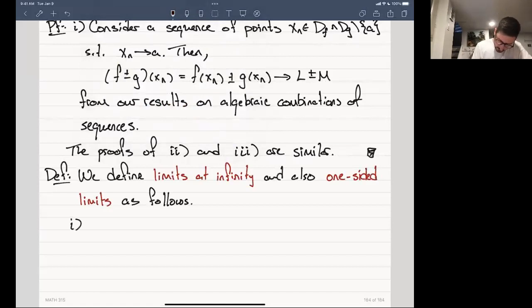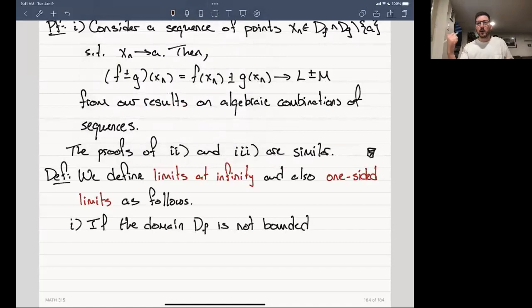So 1, if the domain Df is not bounded above, right? So you can go as far as you want to the right.